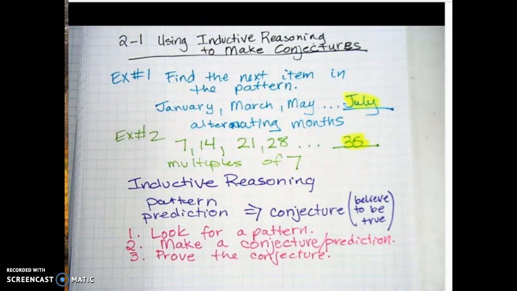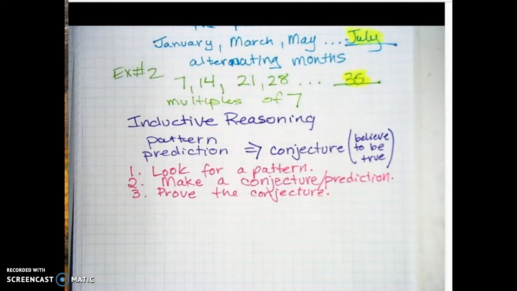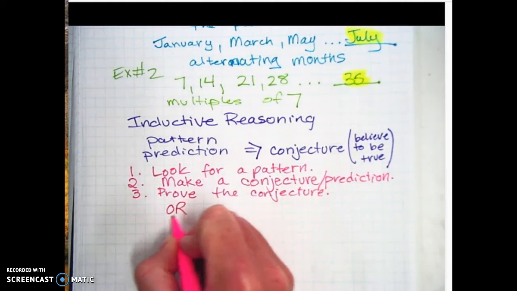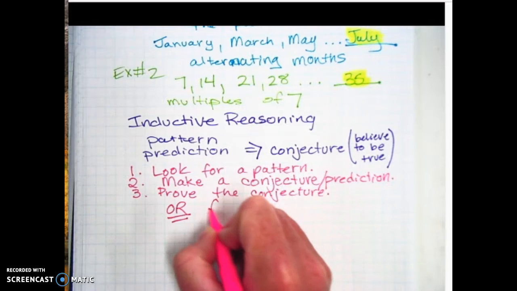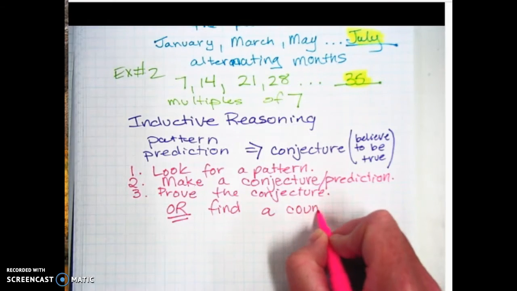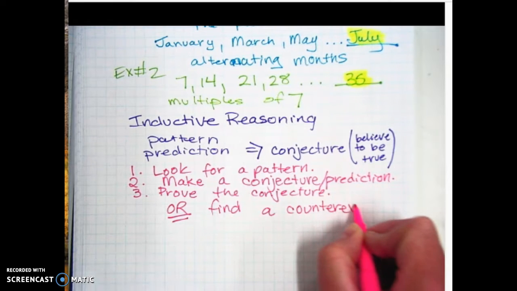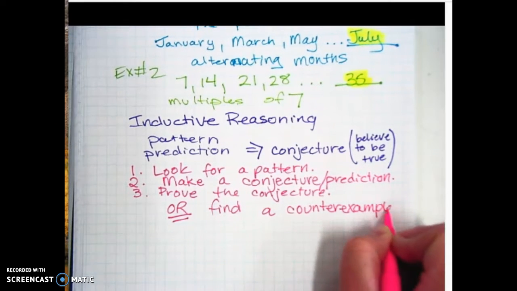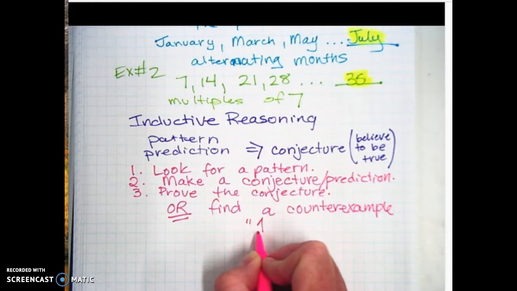Now, sometimes to prove a conjecture, you might have to come up with a million examples, and they're all true. But once you come up with one that is not true, you're going to find what's called a counterexample. And you just need one.